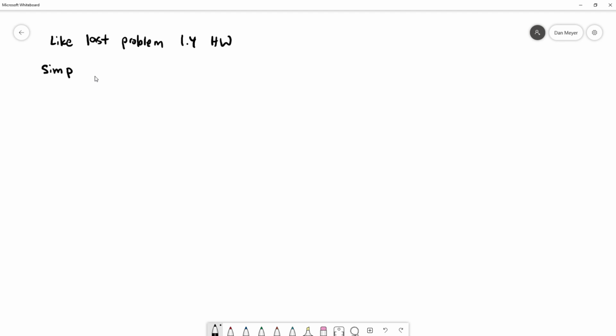So it'd be simplify 6x minus 5 cubed times 2 times x squared plus 4, plus, oh sorry, there's supposed to be a 2x at the end there, I think. Yeah, I left that part out.